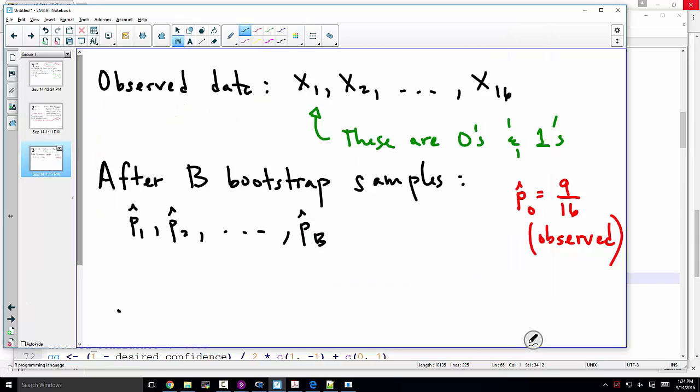So here's a histogram of all of our Bootstrap p-hats.